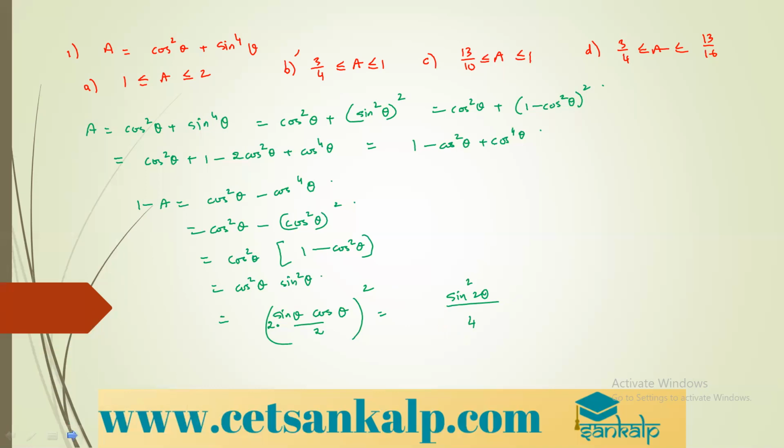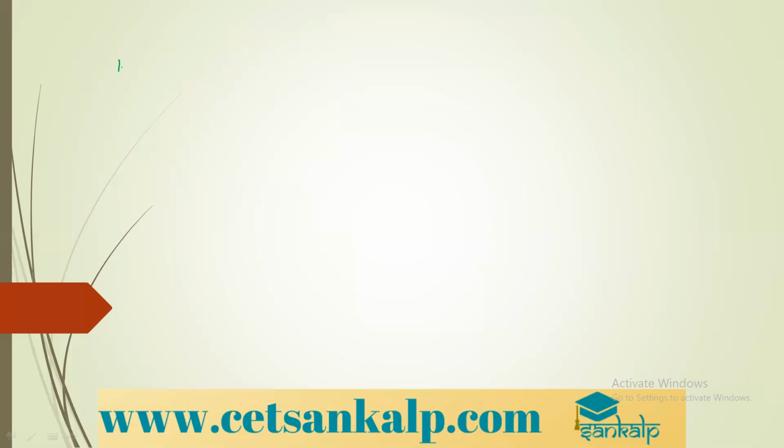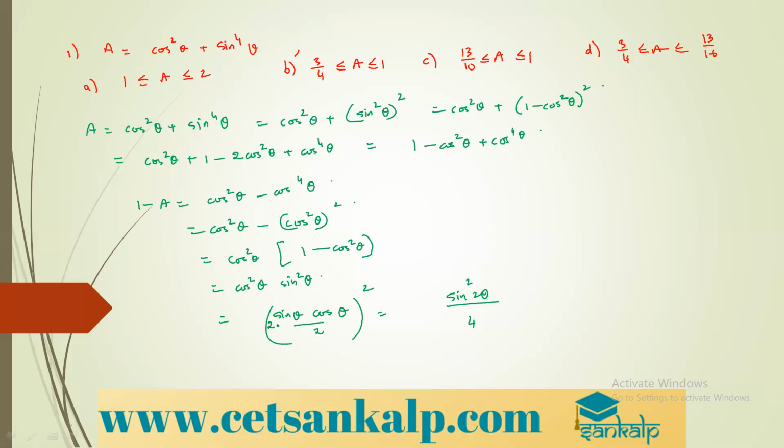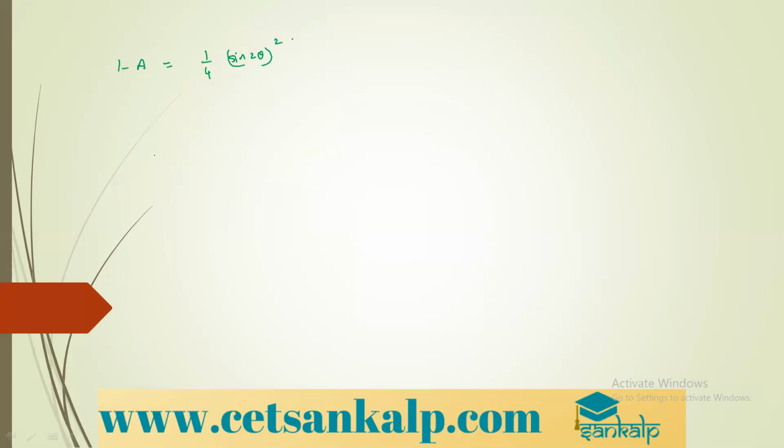So this is what I got for 1 minus A: 1 minus A is 1 by 4 sin 2 theta whole square. Whatever I wrote here, the same thing I have written again, nothing new. So 4 into 1 minus A will be equal to sin square 2 theta.